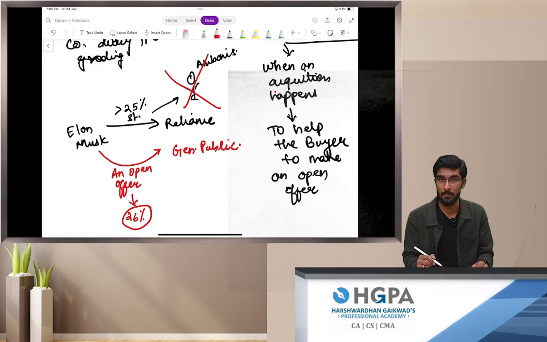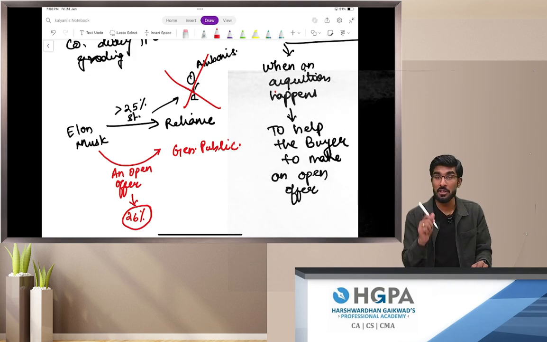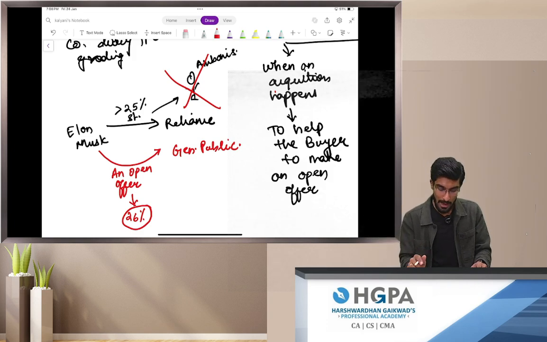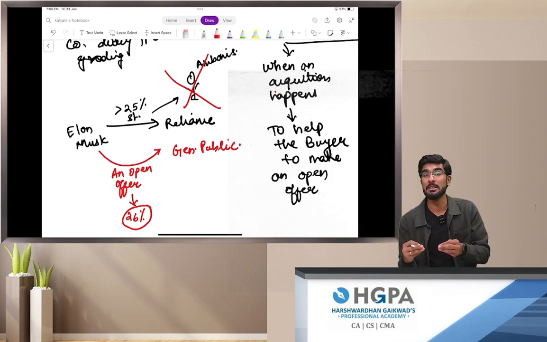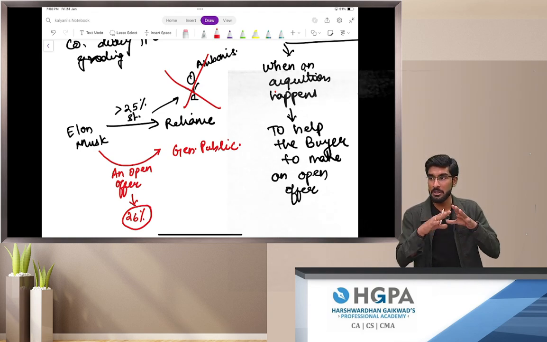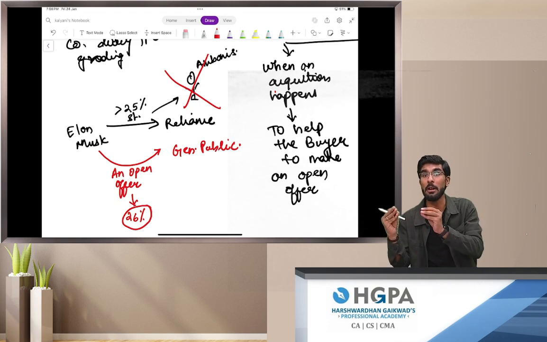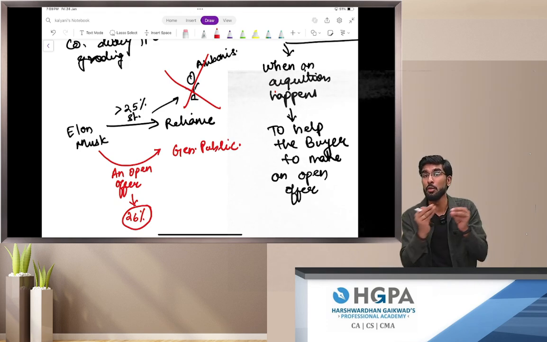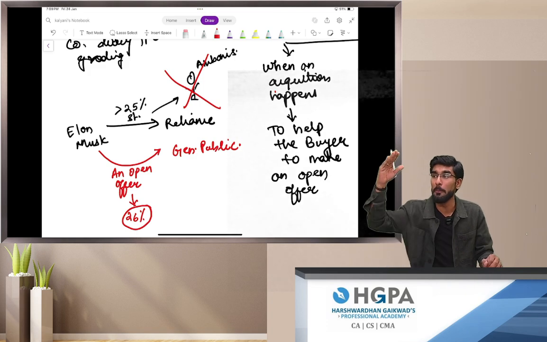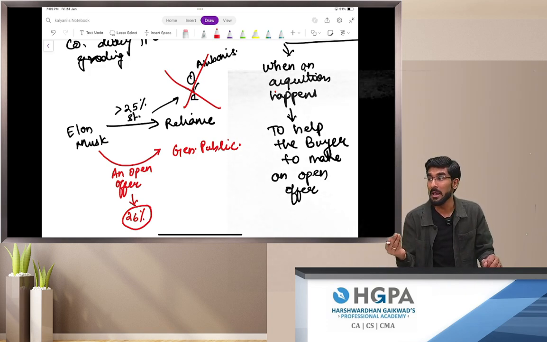26% at least. First, he needs to make an open offer to the public, whereby the general public will be given a chance to sell their shares to Elon Musk, because if such a huge transaction takes place and the control goes from the Ambanis to Elon Musk, we never know what will be the consequences of that transaction. Stock prices may go up, stock prices may go down, companies will develop, companies may collapse, we never know, people.